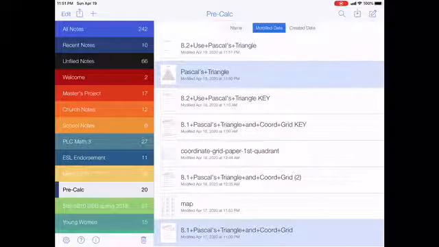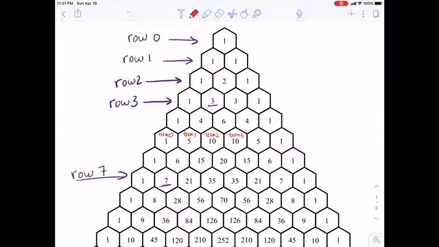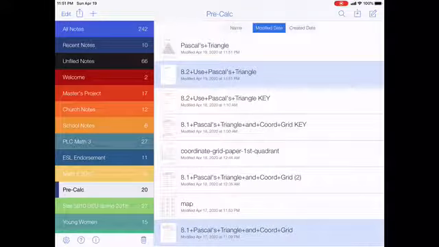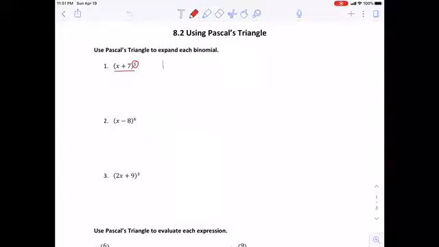So if we come back to Pascal's triangle and look at row 5, notice that the terms that we have here are 1, 5, 10, 10, 5, and 1. So I'm going to be using those terms here on problem 1: 1, 5, 10, 10, 5, and 1.